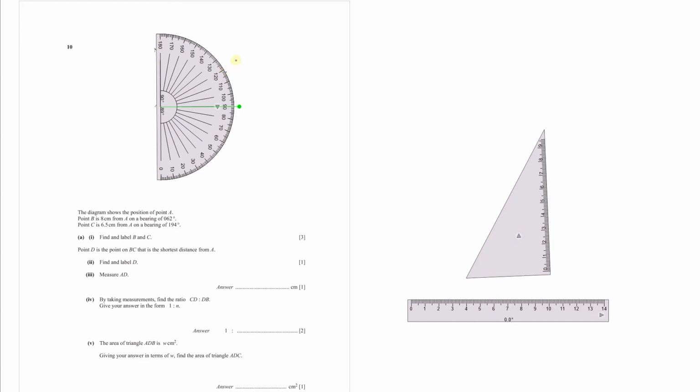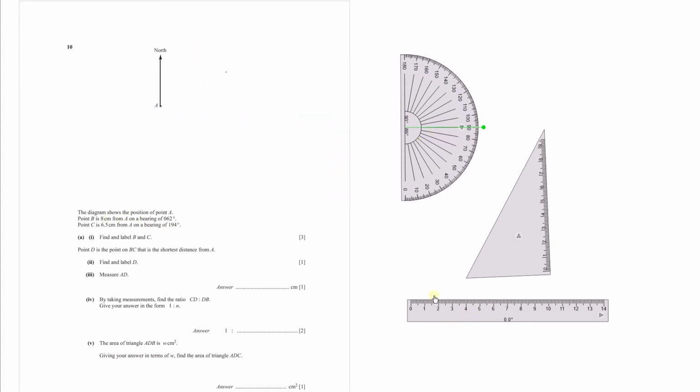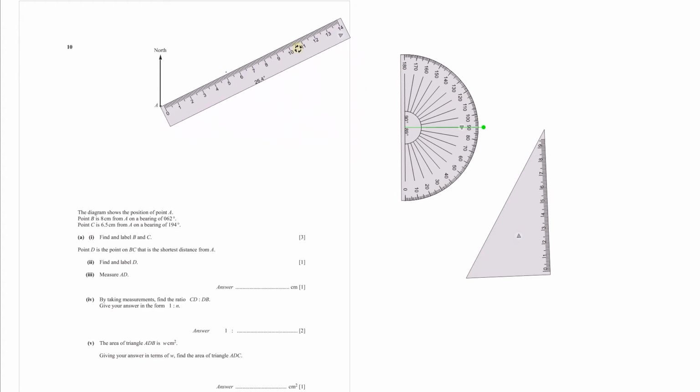will be 62 degrees. And then I have to measure a distance of 8 centimeters. So I'll use my ruler here to mark 8 centimeters. So first I will align it with my point so that the angle is correct. And then 0 at A, and 8 centimeters will be this point here.